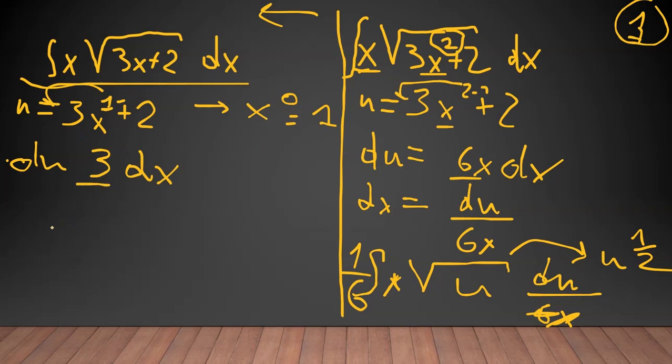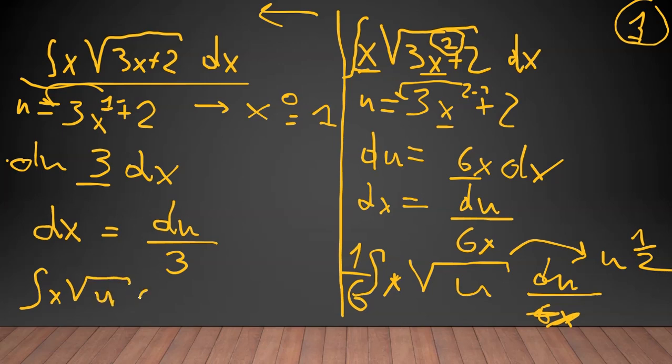And then what's going to happen? dx equals du over 3. And then let's rewrite it. Okay, so we have the integral of x times square root of u, du over 3.